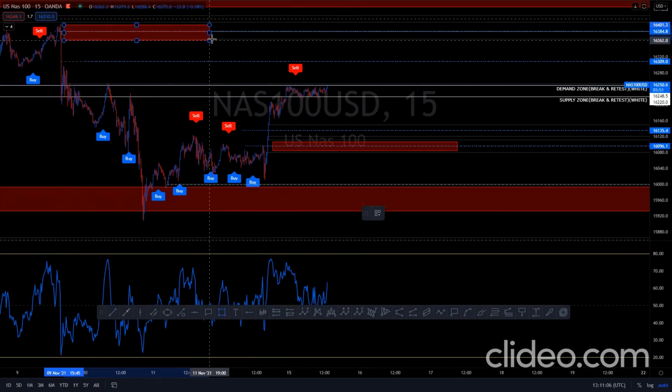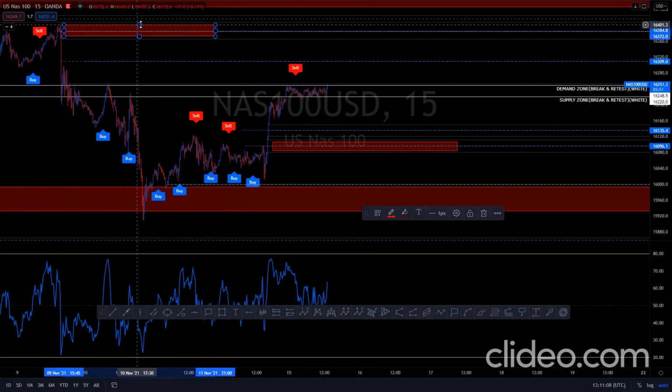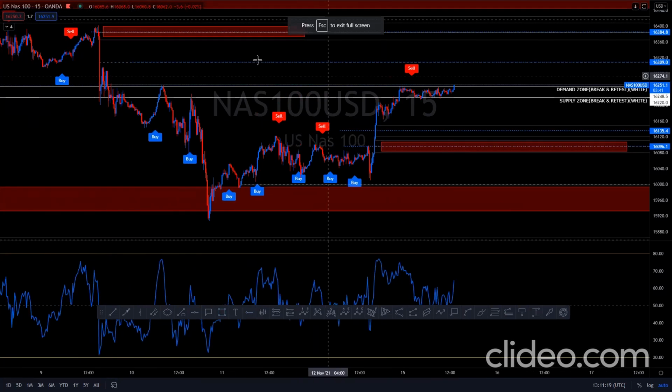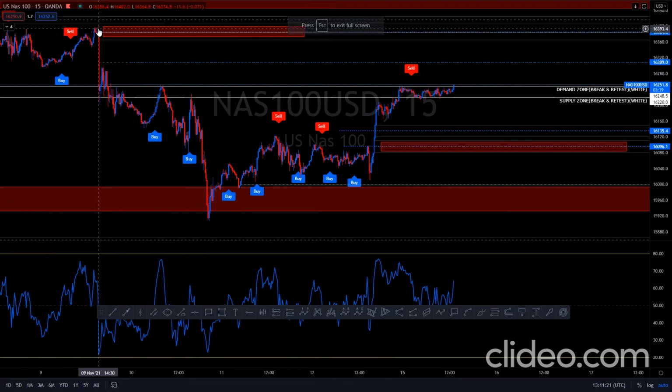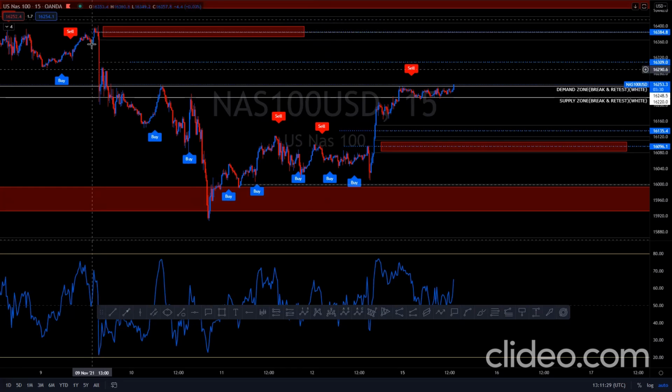And here's why. Because this created a lot of imbalance. There was a buy candle up in here. So the banks put in a buy order, but then also put in the sell order.